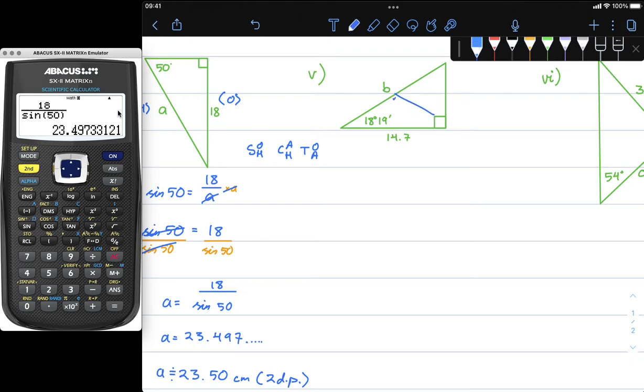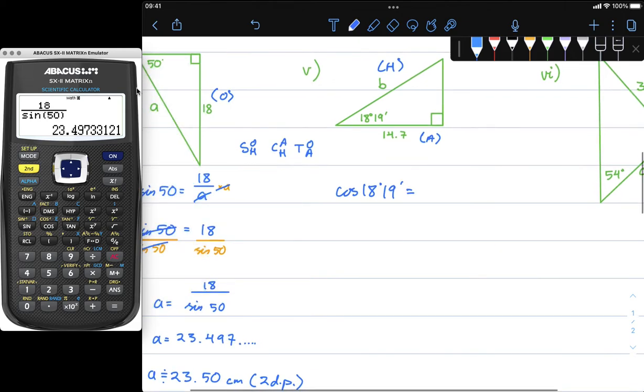From here, we have the hypotenuse, H, and we have the adjacent, A. So it is cos. So cos of 18 degrees 19 minutes is equal to adjacent, 14.7, divided by the hypotenuse, which is B.